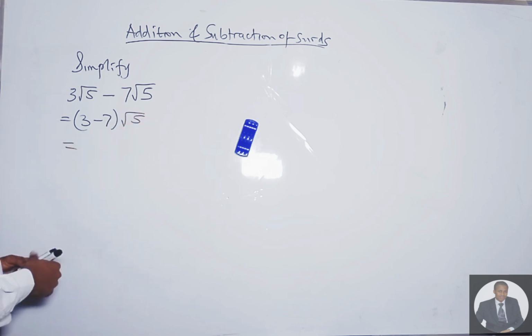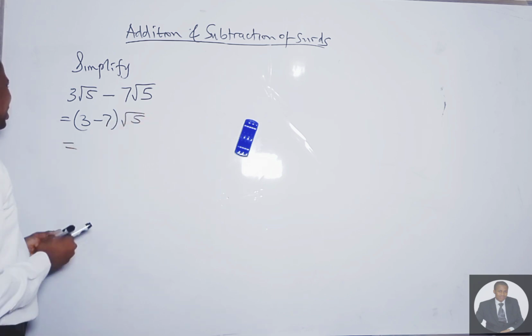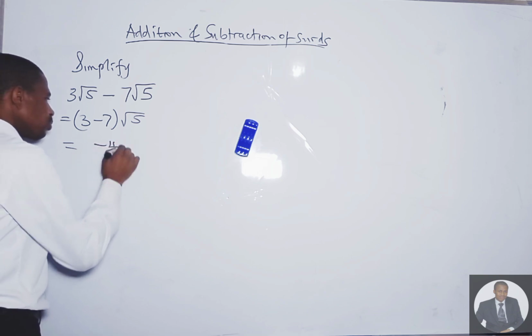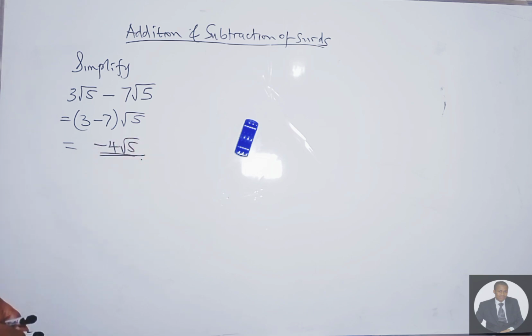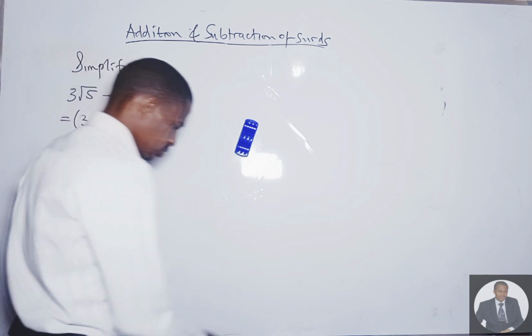What does this give us? 3 minus 7 is minus 4, so we have minus 4 root 5. This is the answer. They are like surds, the same root. So we just bring one of the roots out, and then the coefficients of the roots, the integers attached to the root, we do the addition or the subtraction.